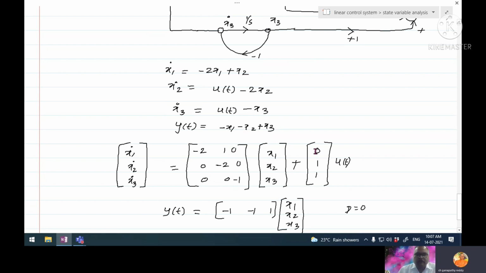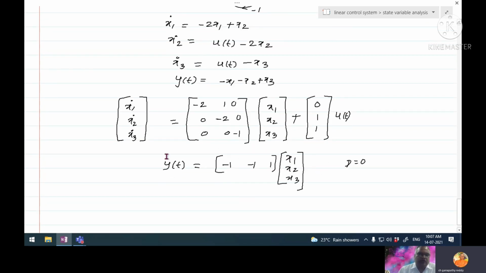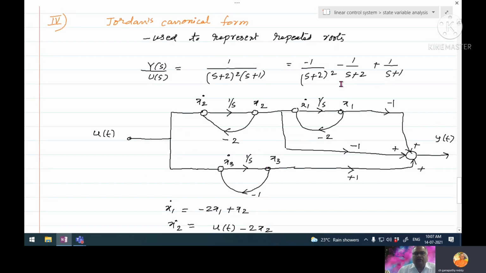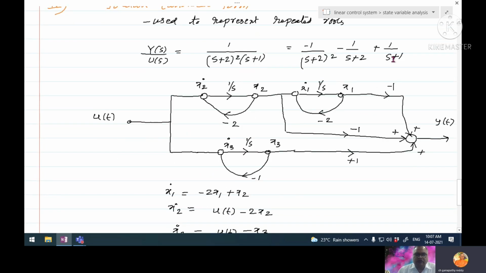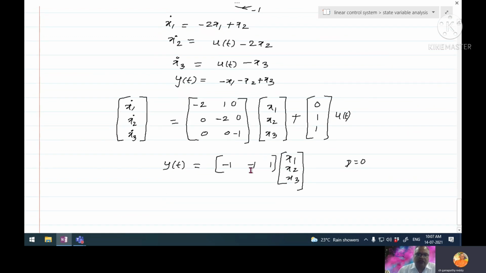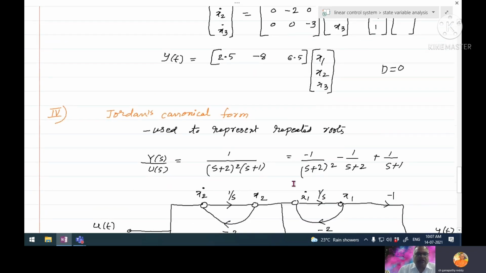Whereas for u of t, the B matrix is 0 1 1. Y of t: minus 1, plus 1. Those numerator coefficients are reflected here, times x1, x2, x3. D matrix is 0. So this is the Jordan canonical form.